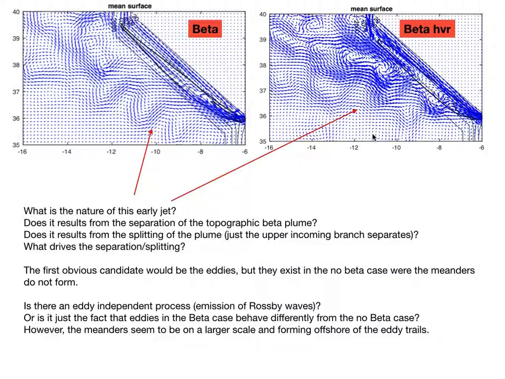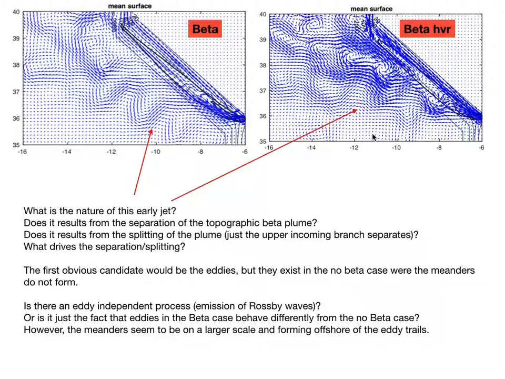Is it something that runs in parallel, or is it clearly the splitting? So they're both connected, and this is the splitting of the topographic beta plume.